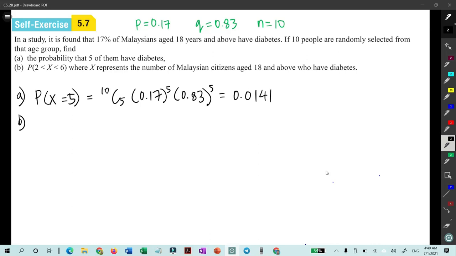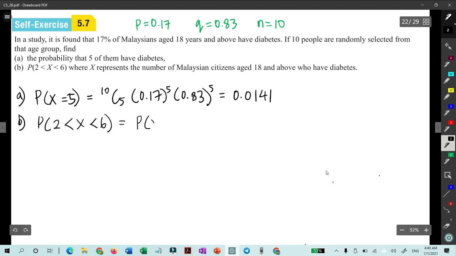the probability of x in between 2 and 6. So P(x between 2 and 6). So when x is between 2 and 6, basically it's x equals 3 plus x equals 4 and x equals 5.